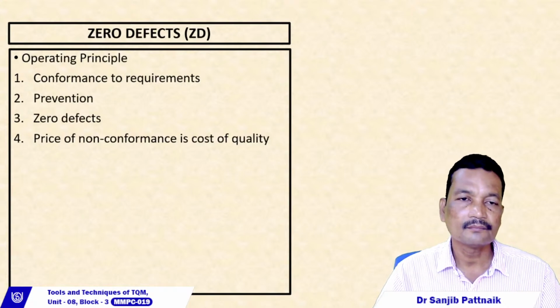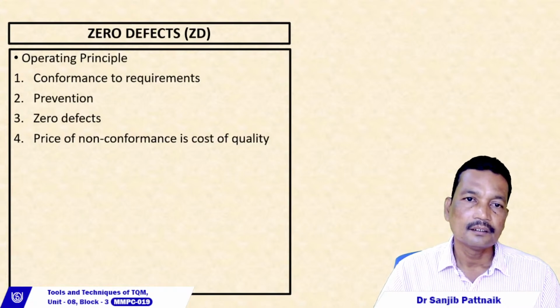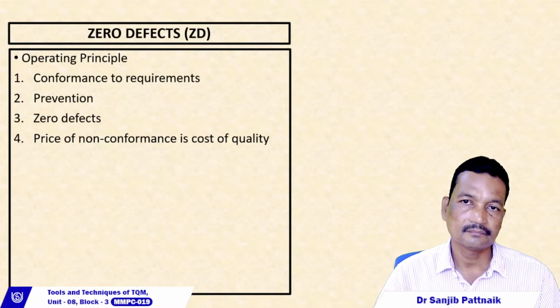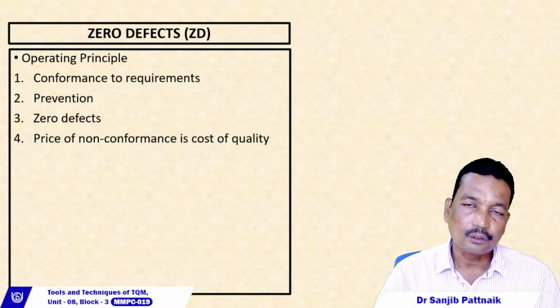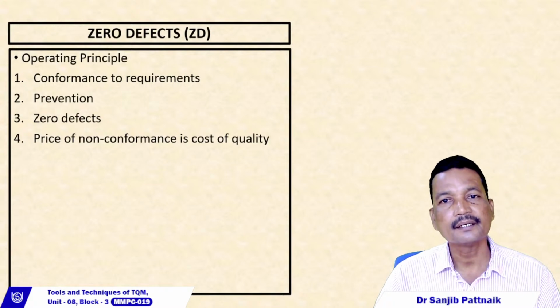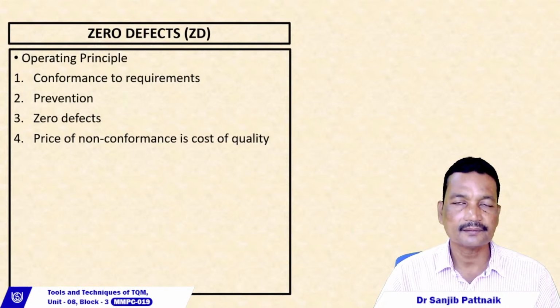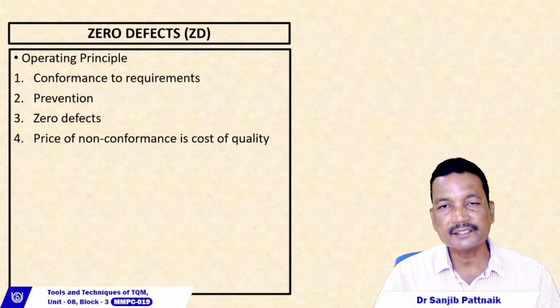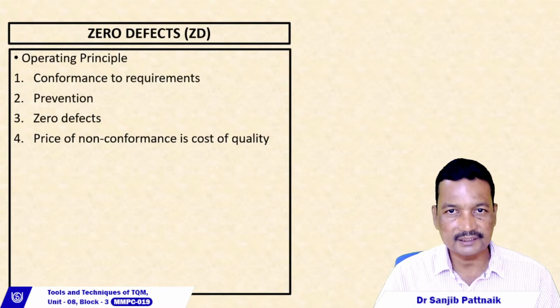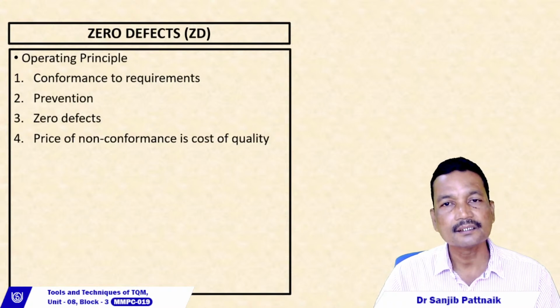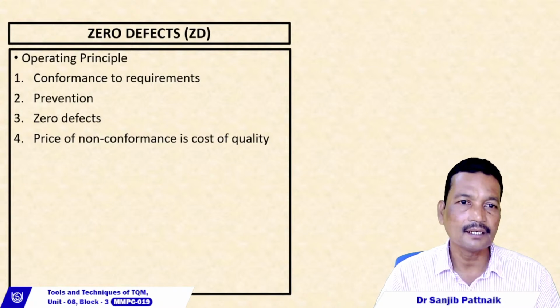Whatever you are doing, do it correctly the first time so that no defect will be carried forward to the next processing unit. If no defects are there at any of the processing segments, what will happen? We'll get the right item, a qualitative item, as the final output.